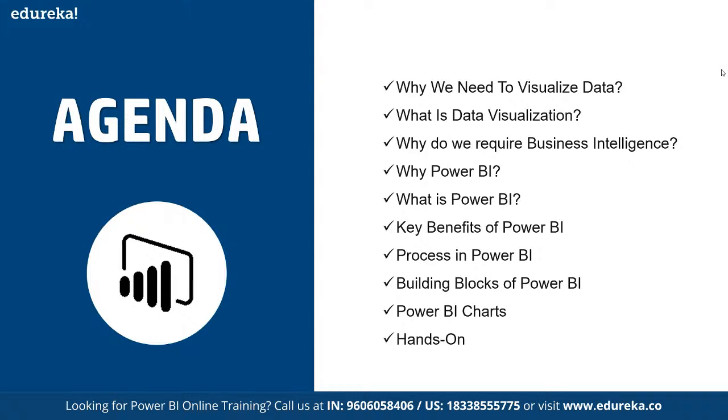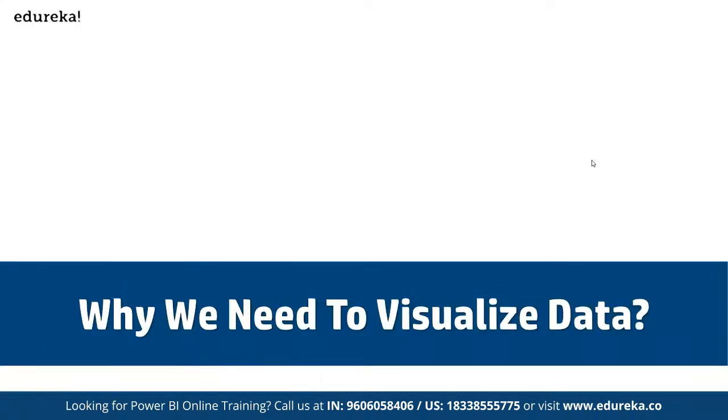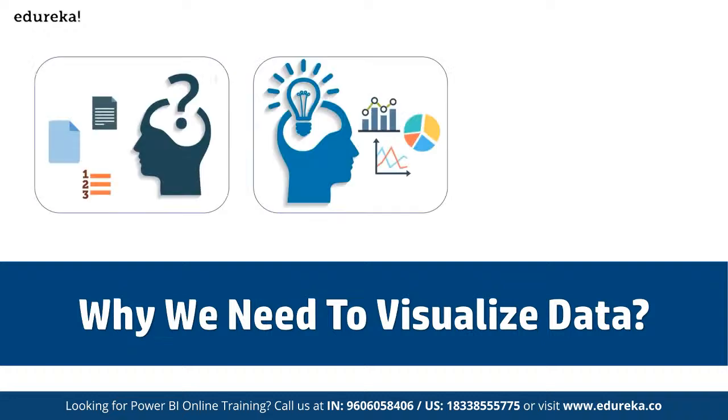So let's get started. If we talk about why exactly we need to visualize data, then data is in different formats. It's one of the main BI tools available. To understand the importance of visualization, consider that data is scattered in different formats.